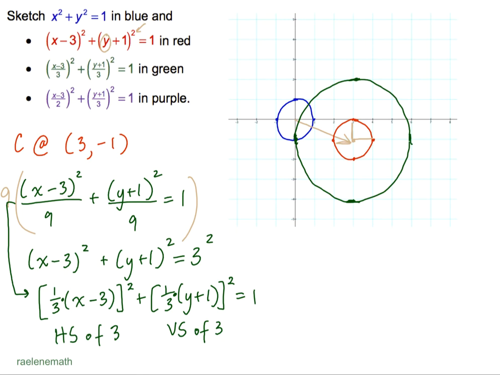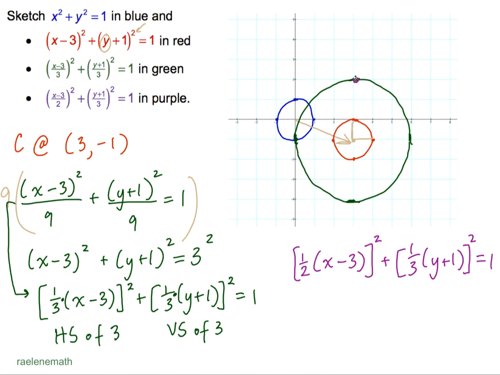Lastly, if we take a look at the purple equation, we see x minus 3 is being multiplied by 1/2, or divided by 2. And so we have 1/2 times x minus 3 all squared plus 1/3 times y plus 1 all squared equal to 1.